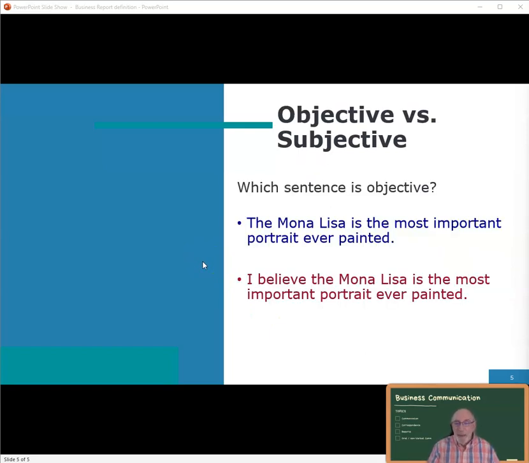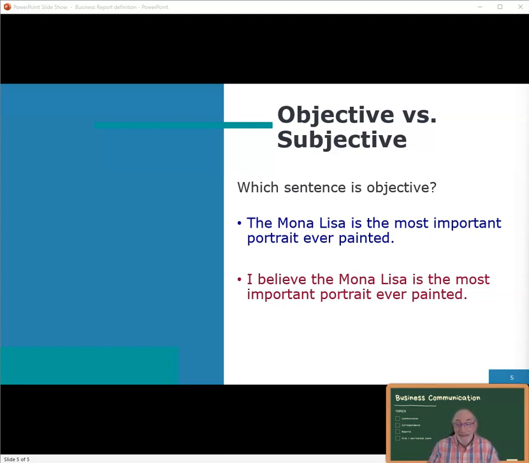Look at this example. 2 sentences. Pause the video and read and listen to these 2 sentences. Okay? Which sentence is objective? If you said number 1, well, you're wrong.